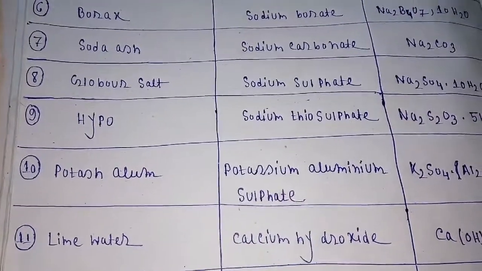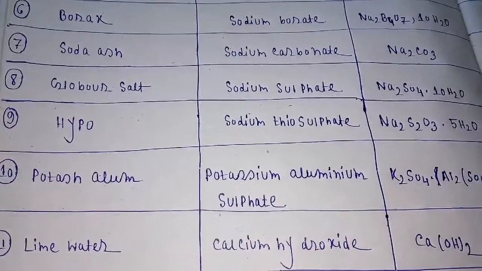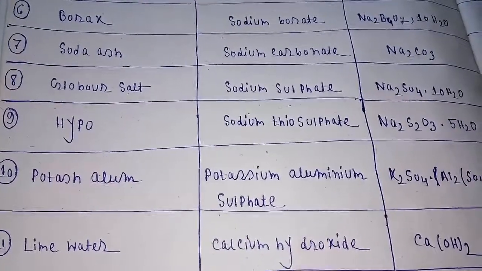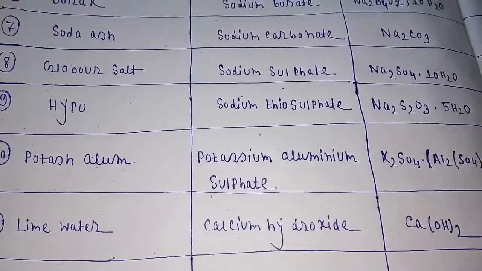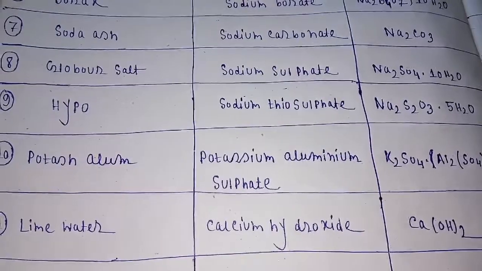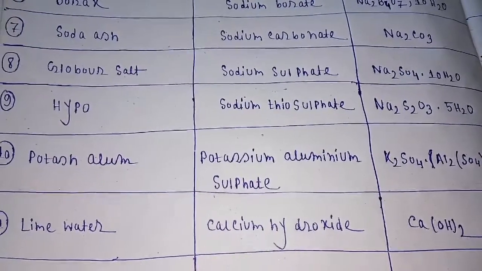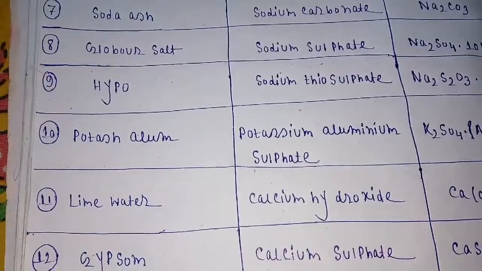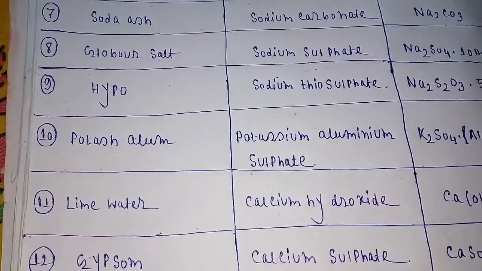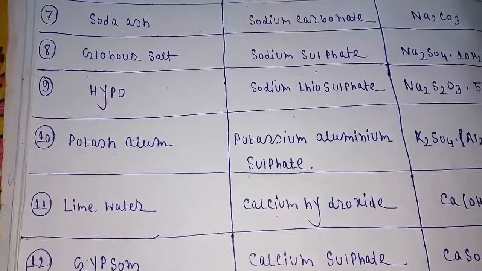The next one is hypo, and the chemical compound name is sodium thiosulfate. The formula is Na2S2O3·5H2O. The next one is potash alum, and the chemical compound name is potassium aluminium sulfate.